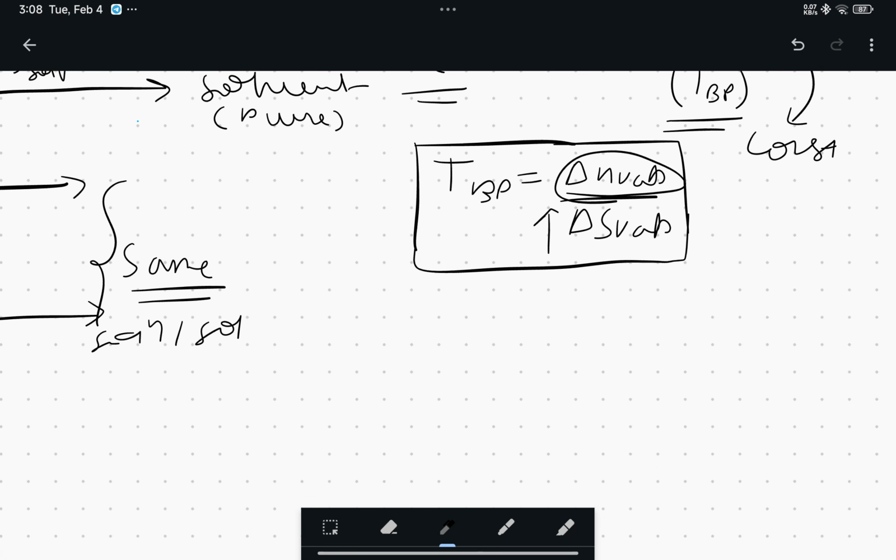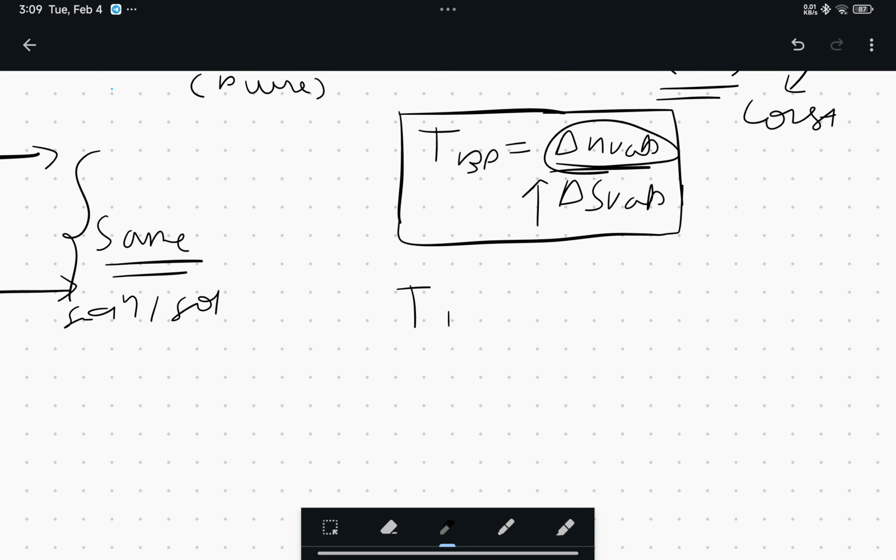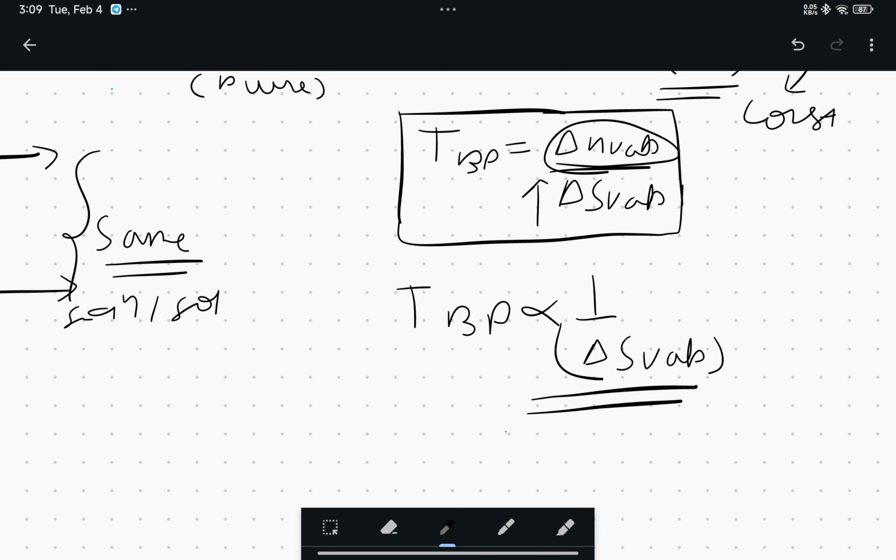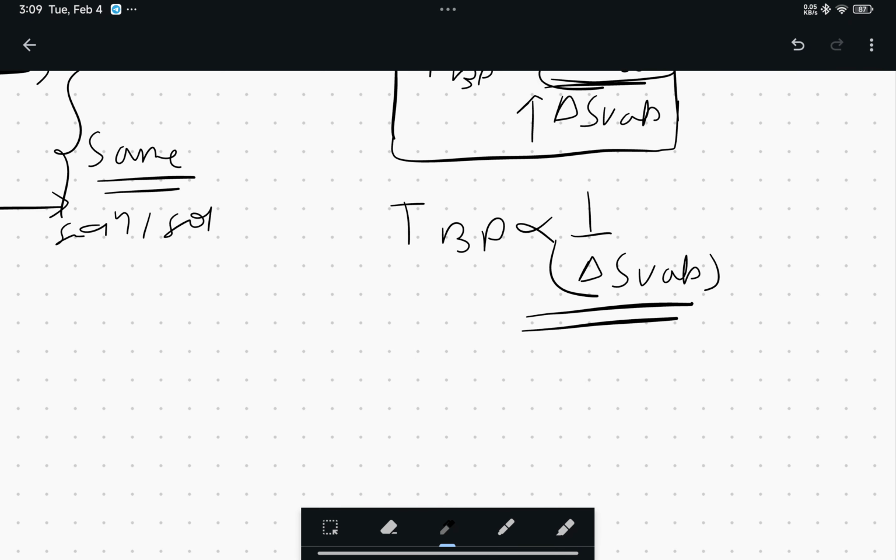So this basically suggests that boiling point is inversely proportional to change in entropy, and we know that for the solution this is lower than that of the solvent. So for solution temperature is higher than that of solvent.